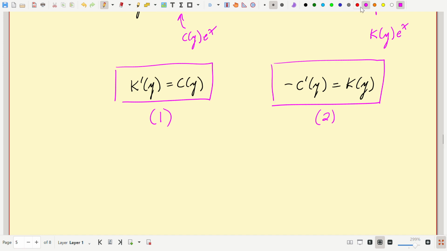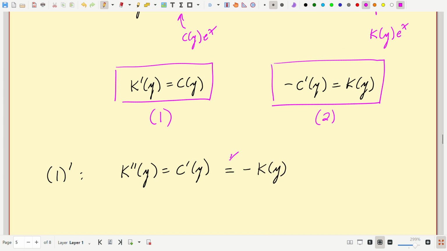Number 1 prime, if I differentiate it, becomes a second order ODE kind of. I get k double prime of y equals c prime of y. And c prime of y from number 2 is equal to minus k of y.